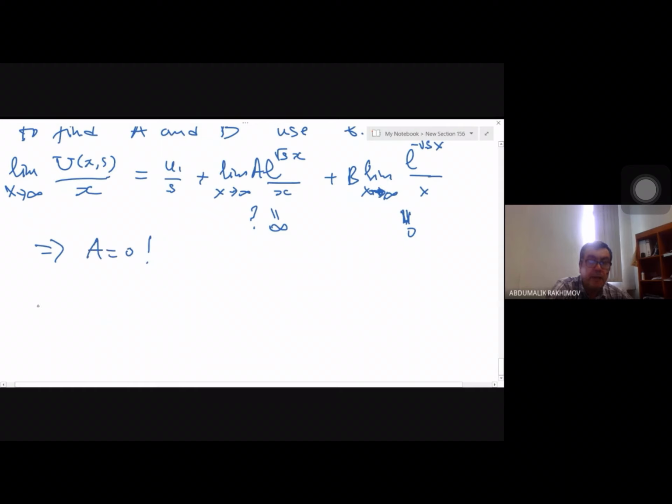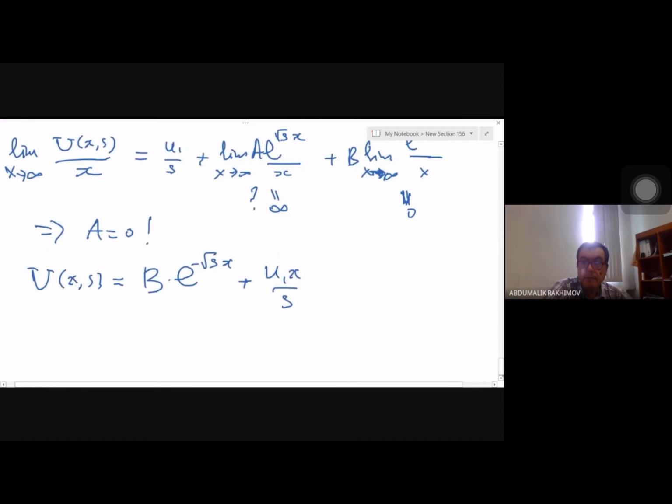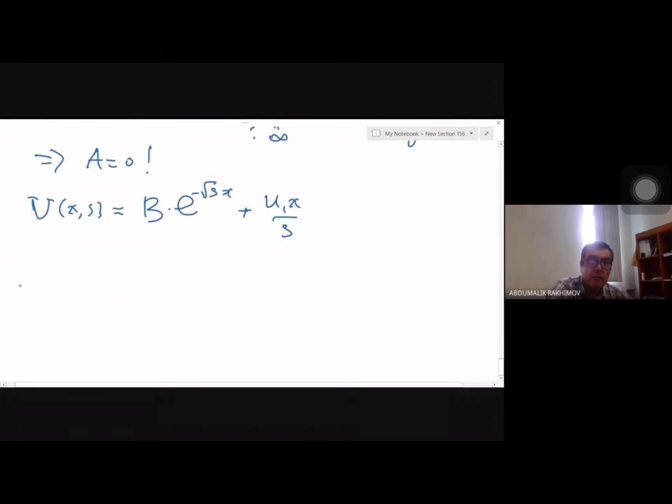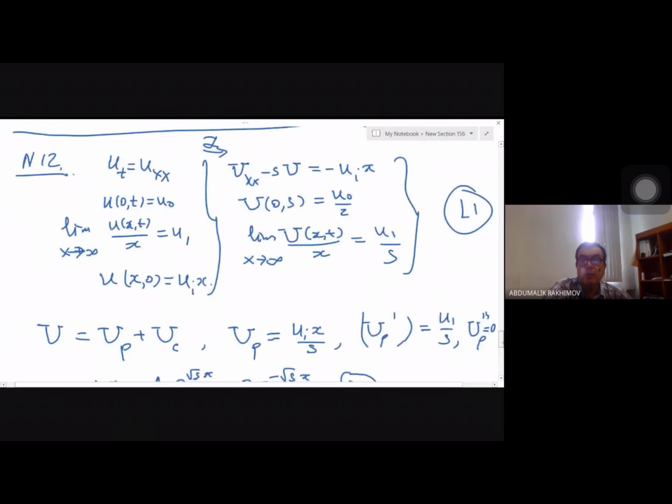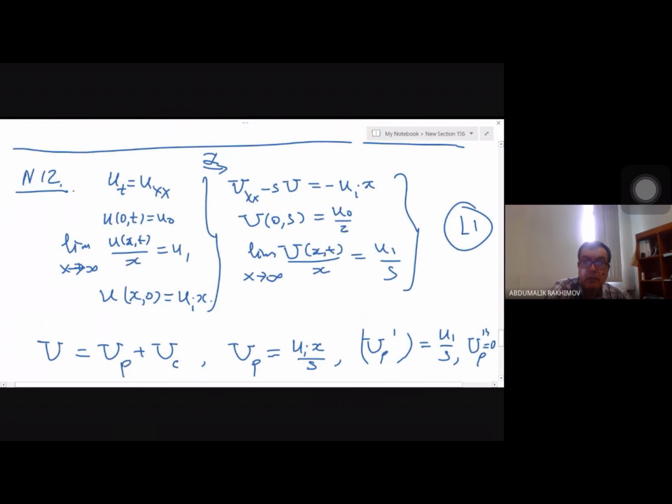No way otherwise. If A is 0, then my function u x s, capital U x s, is equal to B times exponential of minus root s x plus u1 x over s, right? This is our capital U. Okay. Now we can use the second boundary condition, which is u0 of s equals u0 over s. This is not 2, this is s.